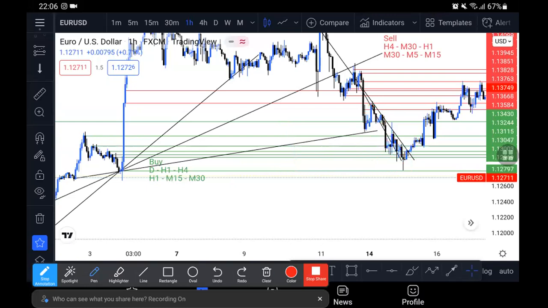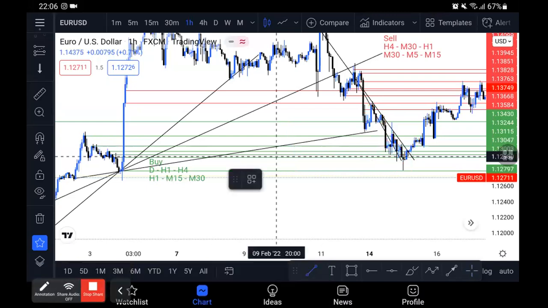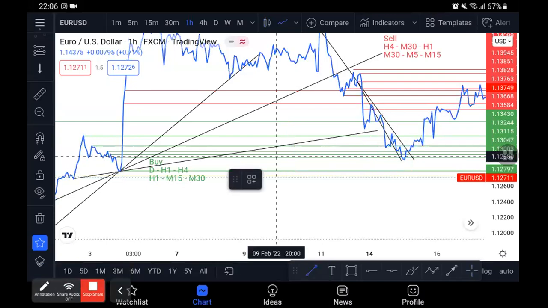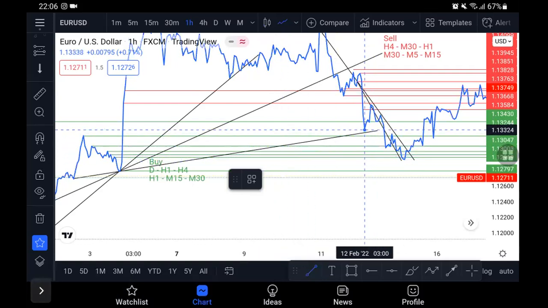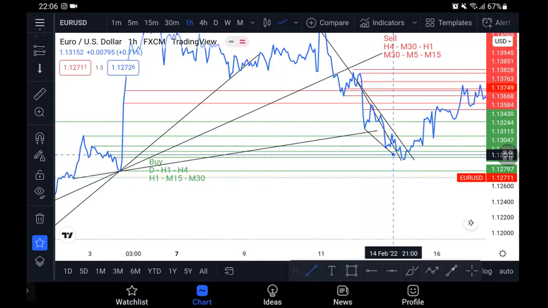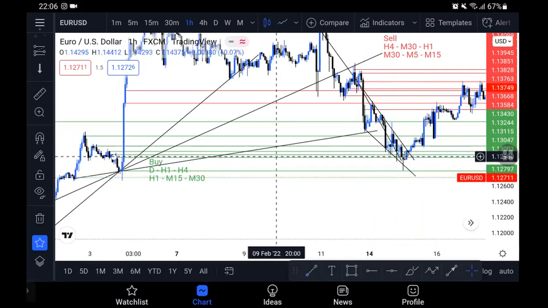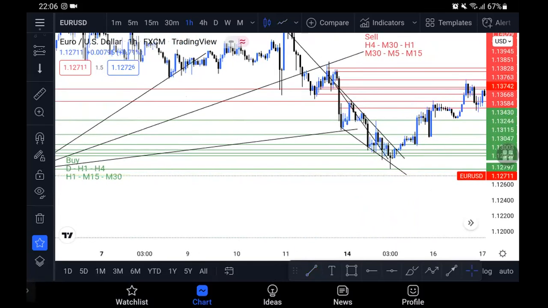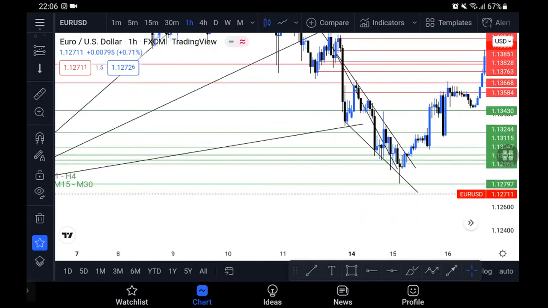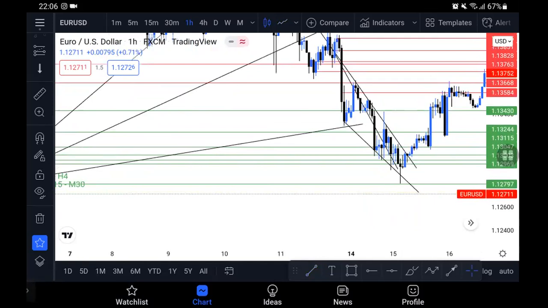So I'm just gonna put the trend line on each one. So when you have this divergence trend line, the function is you get earlier entry, but the same concept applies.